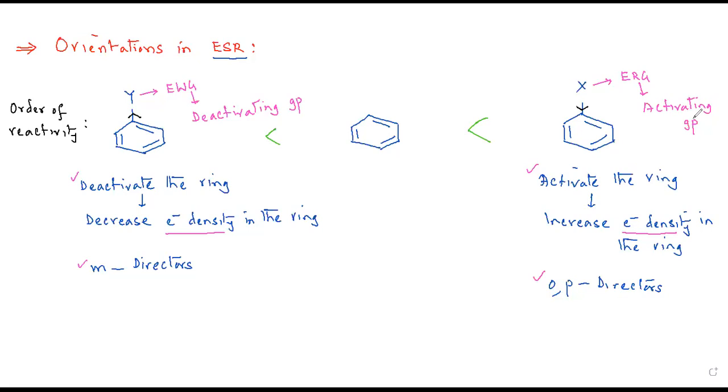Okay. So this is the basic information about the orientation in electrophilic substitution reaction. Let us now see why these substrates with electron withdrawing groups act as meta-directors, and why those with electron releasing groups act as ortho-para-directors.